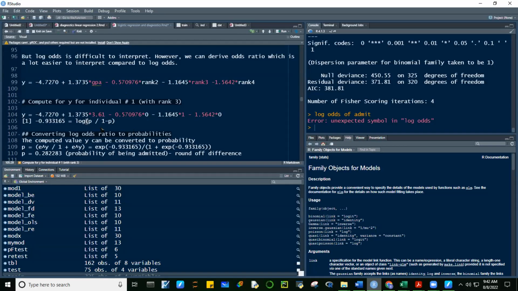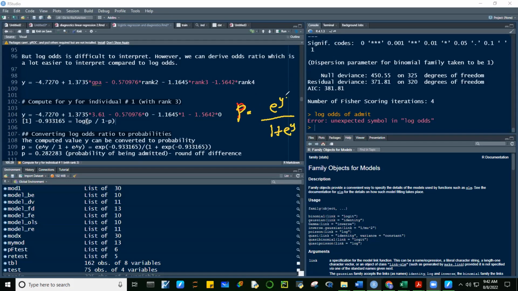Okay, let me see if the annotation works here. This will work also. So our equation: the probability is equal to e to the y over 1 plus e to the y.